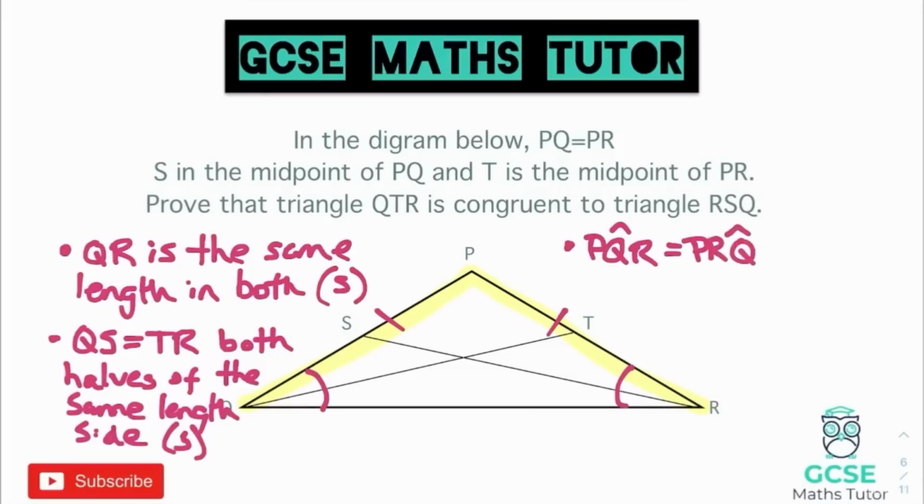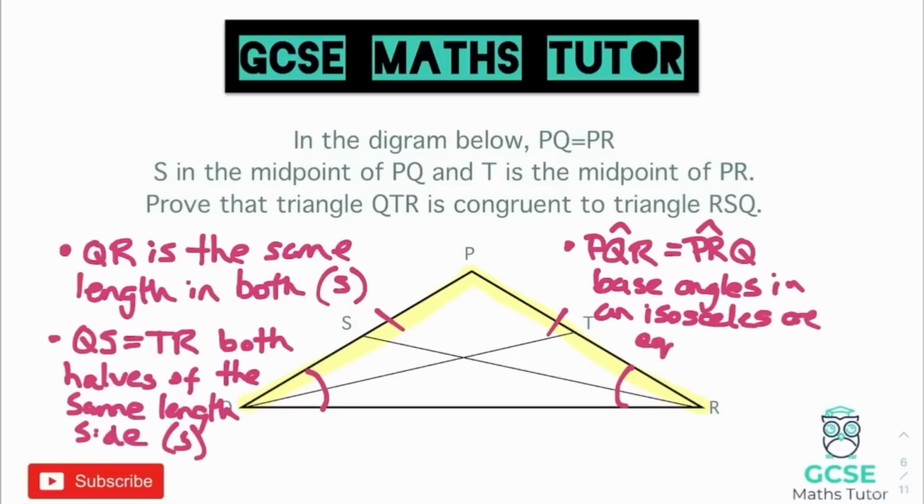There we go, and those angles are going to be equal. Let's just get rid of that, that doesn't quite go over the R there. There we go, PRQ. So they are equal because base angles in an isosceles are equal. And it's quite awkward having to write it all, but very important that you write it all down. So base angles in an isosceles are equal.